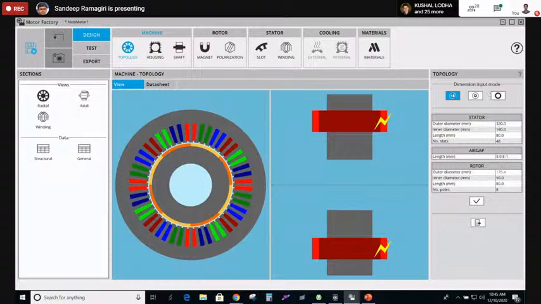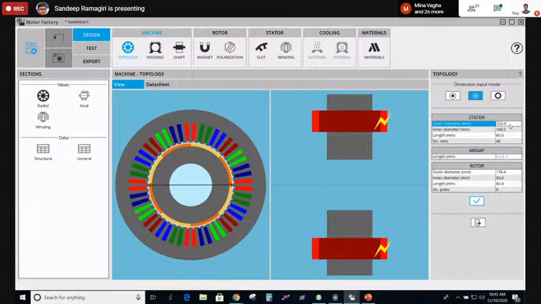The first one is where the rotor outer diameter is the resulting one, so we enter the stator dimensions and rotor dimensions, and the outer diameter will be the result. The second one is where the air gap length is the resulting one, so we enter the stator dimensions and also the rotor dimensions, and the air gap length will be the result. Let me choose that one first and enter those numbers.